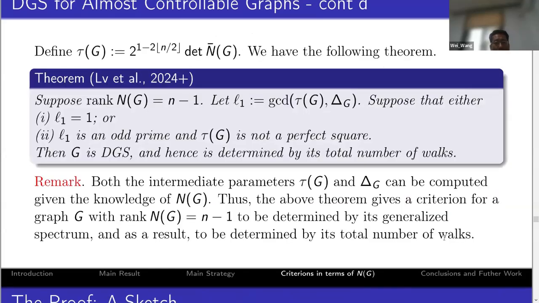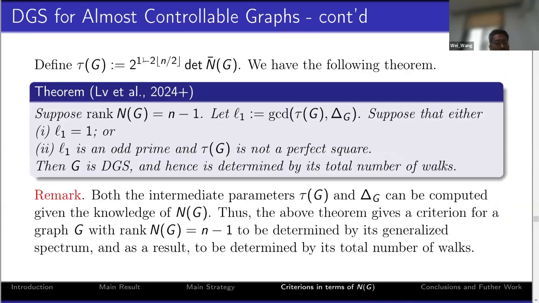So also we have this kind of relation. So we have the following theorem. We define tau G to be this number. So this number can be computed from NG. Then we have the following theorem. Suppose the rank of NG equals n minus 1. Let L1 be the greatest common divisor of tau G and the discriminant of G. And suppose L1 equals 1, or L1 is an odd prime and tau G is not a perfect square.